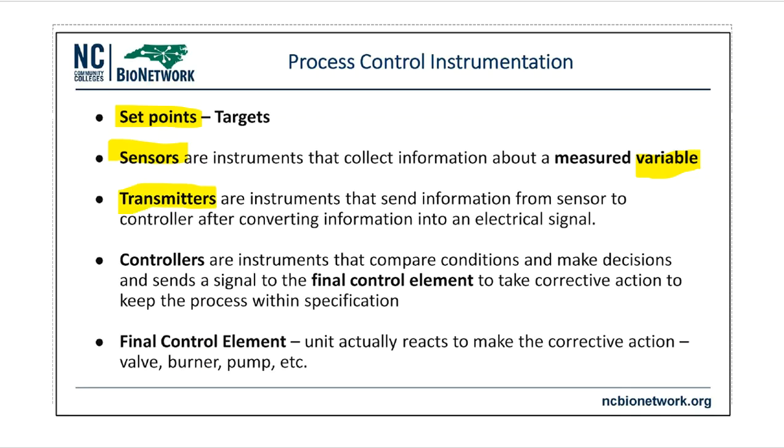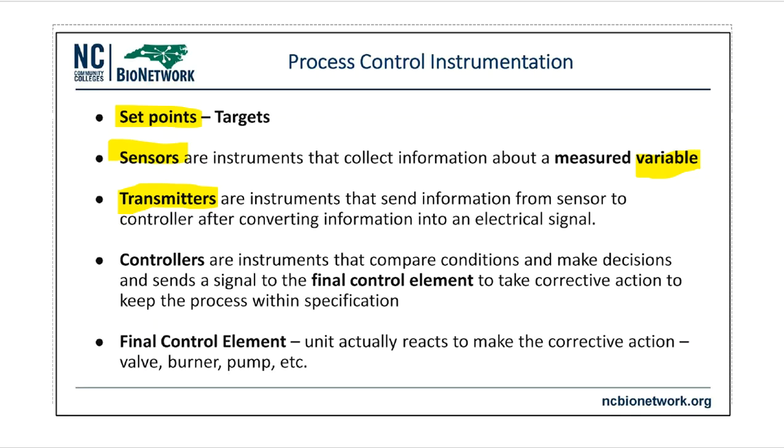Next up are transmitters, and transmitters are just the thing that takes that information and sends it to where it needs to go. So it's transmitting a message, right? Back in the day, of course, telephones, hardwired, we got to have a transmitter. We got to be able to talk and get that message to somebody else. Well, this is what a transmitter is here. It's taking information from the sensor, and it's relaying that information to the thing that will be doing the work for us.